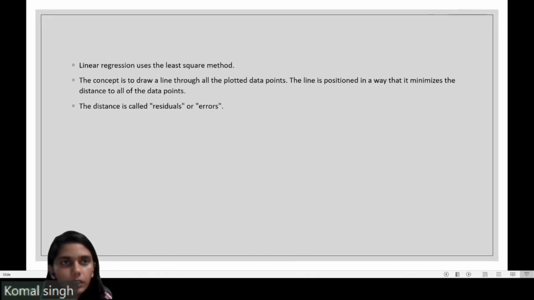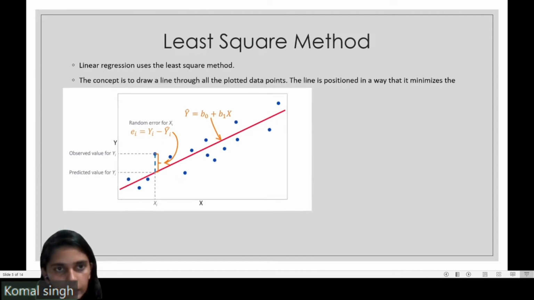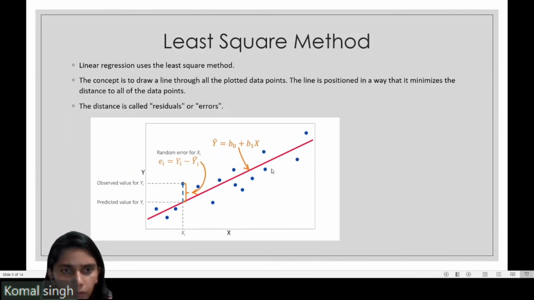Then next is the least square method. As I told you on the first slide also, the least square method is the best method to find the linear regression. The concept is to draw a line through all the plotted data points. Here we have different data points, and we cannot say which type of line represents them, so to cover all those points we make a slope line.